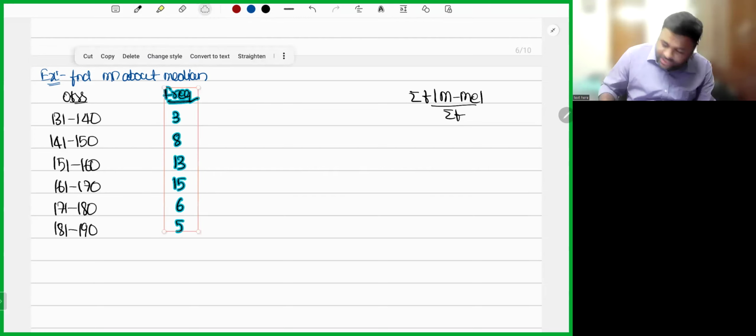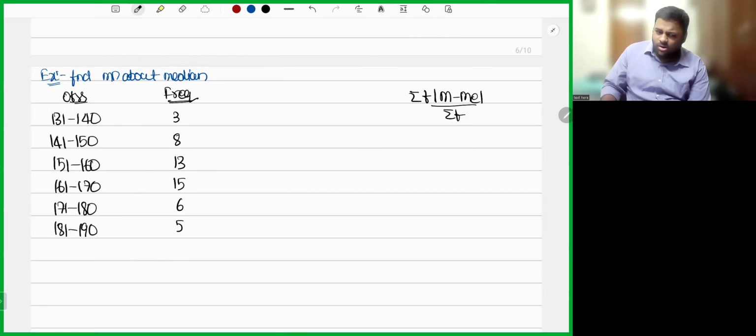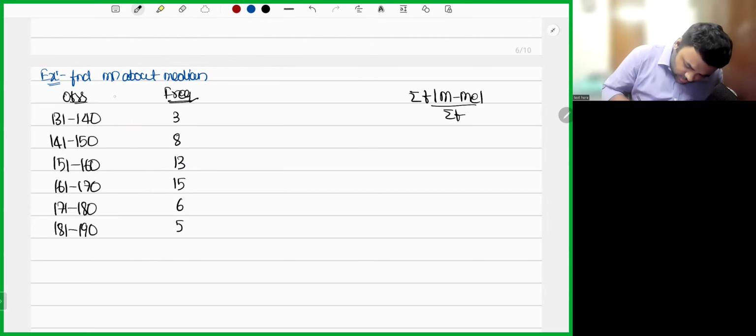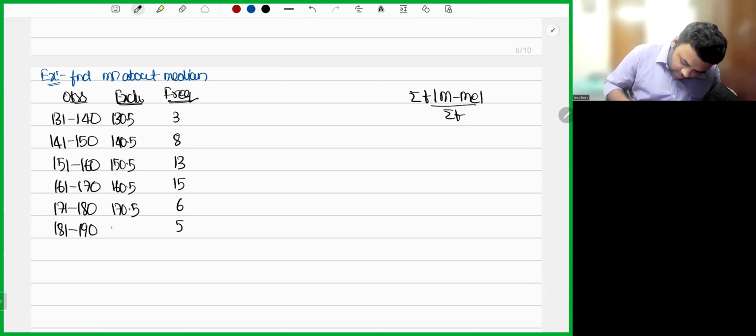See, that exception is there only for the mean, not for the median. Exclusive data: 130.5, 140.5, 150.5, 160.5, 170.5, 180.5.